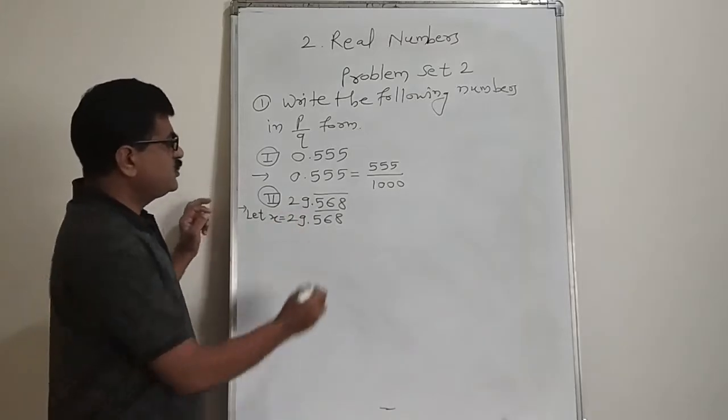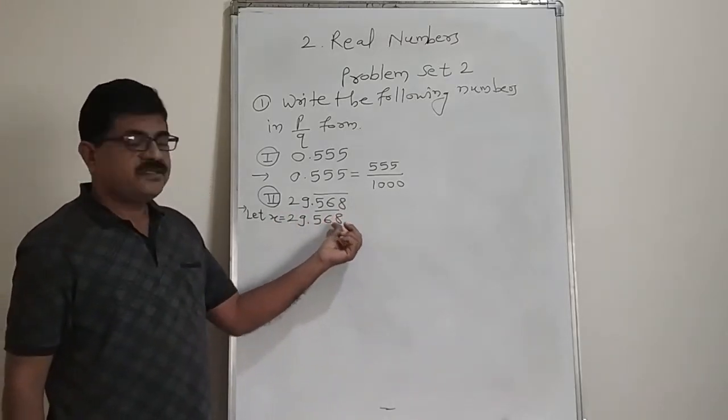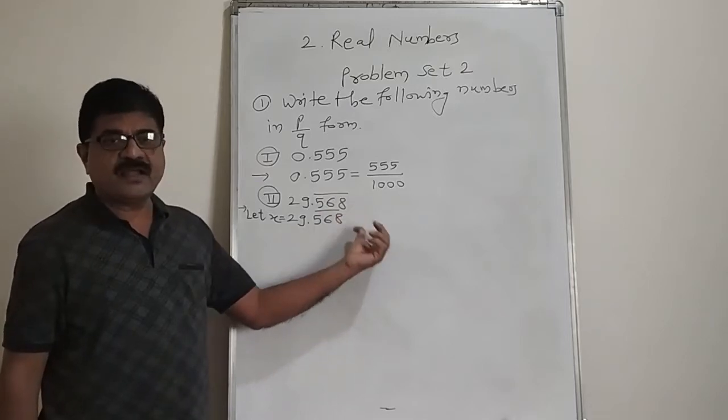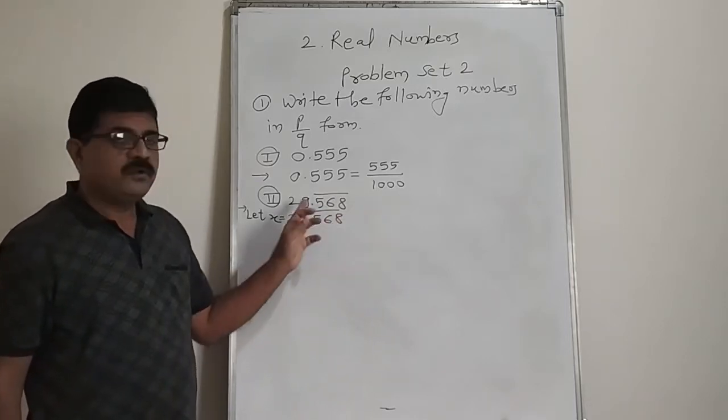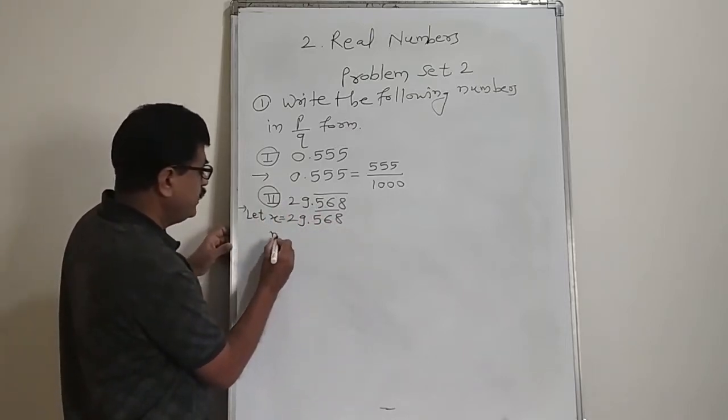Now here these three digits are repeating, that is recurring. Therefore multiplying both sides by 1000.